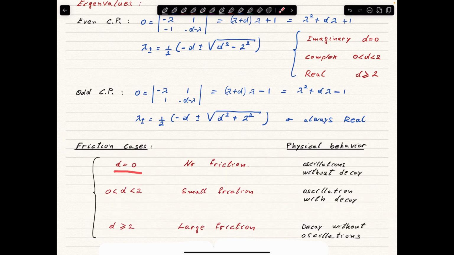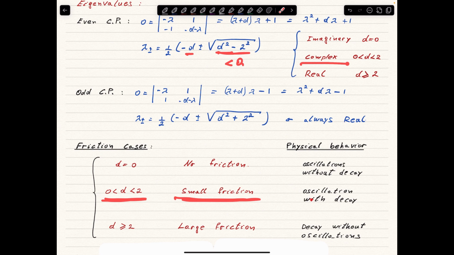D equals 0, we have no friction, and then the solutions are going to be eigenvalues with pure imaginary roots, which means oscillations without decay. We know that from studying linear systems. When d is between 0 and 2 is what we call small friction. So this term is now negative, but is still different from 0.